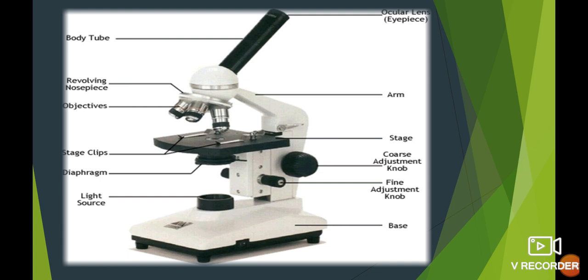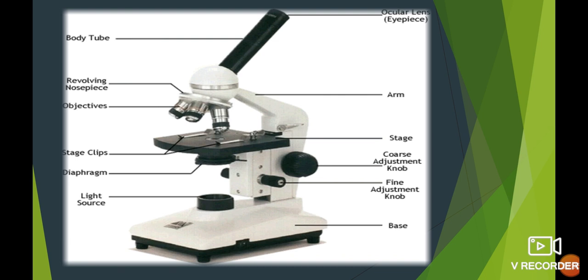If you look at the figure, it is labeled. Next we have the diaphragm above the light source, which regulates the amount of light. So the diaphragm adjusts the light source so that it can project or reflect light to make the specimen visible.